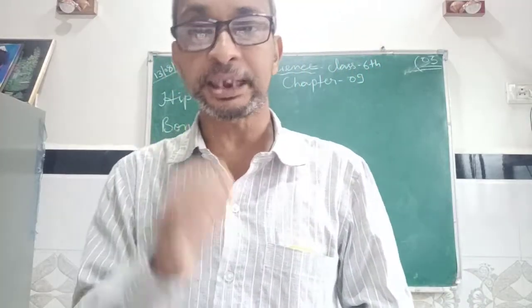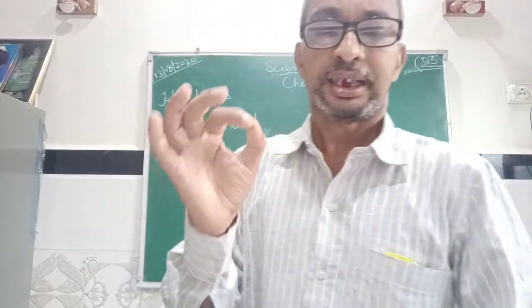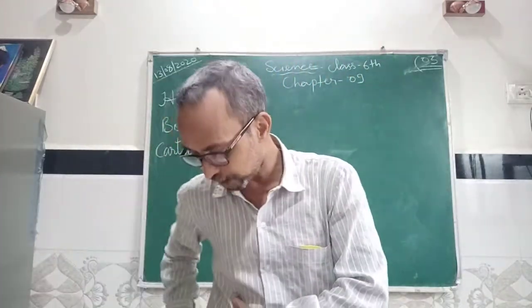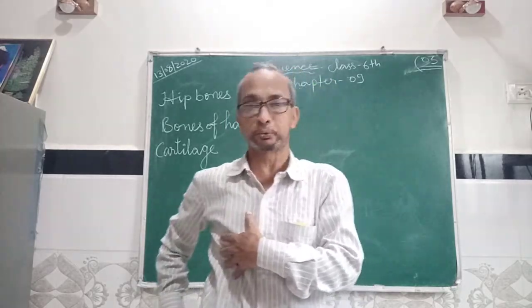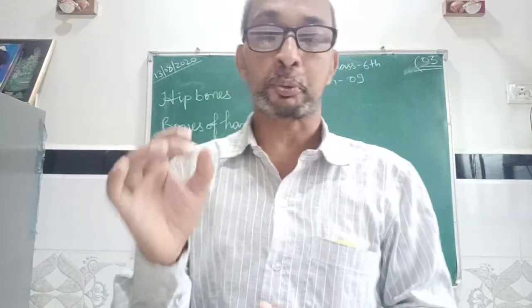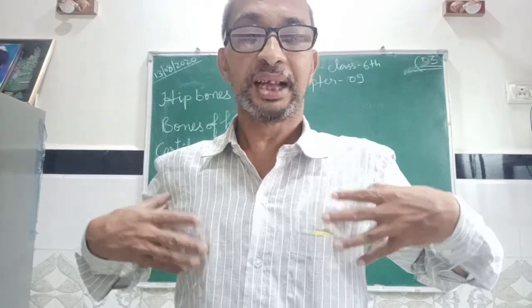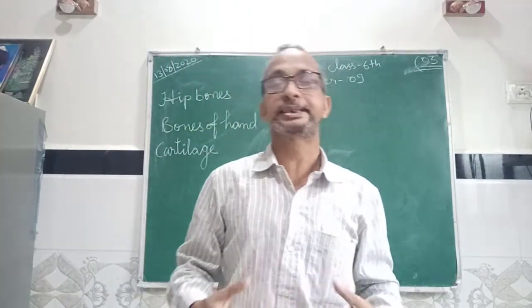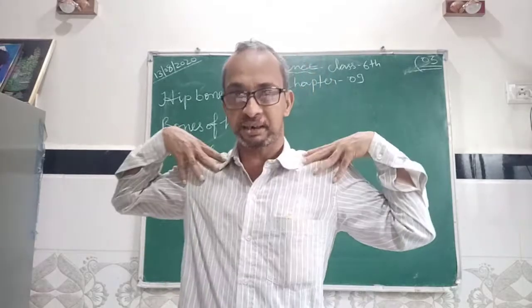Next feature of the hip bones: they attach the legs to our body, which means legs are attached to our body with the help of hip bones. Next, hip bones provide a site for the attachment of muscles that move the legs, hips and trunk.